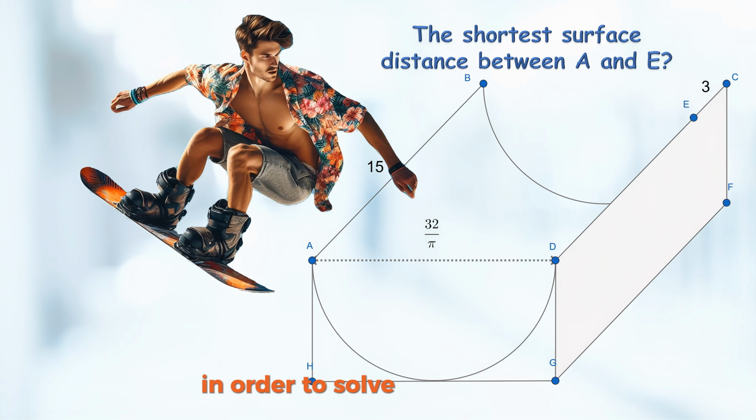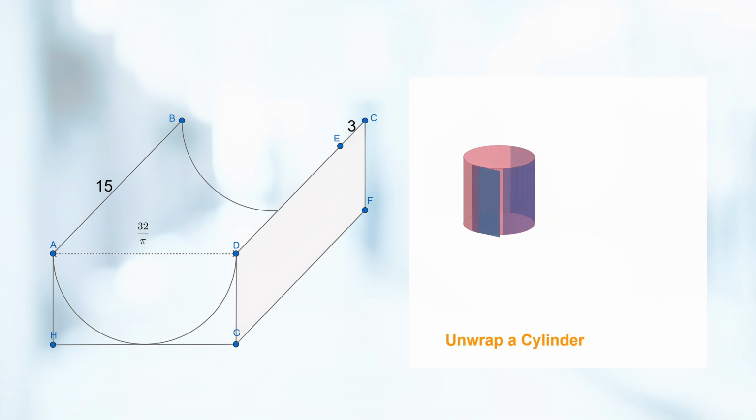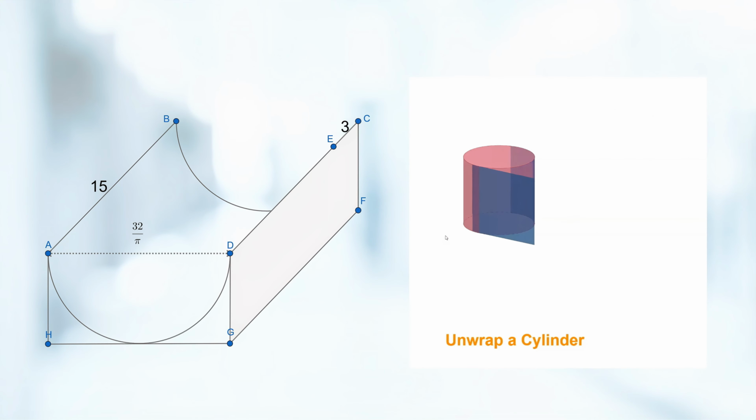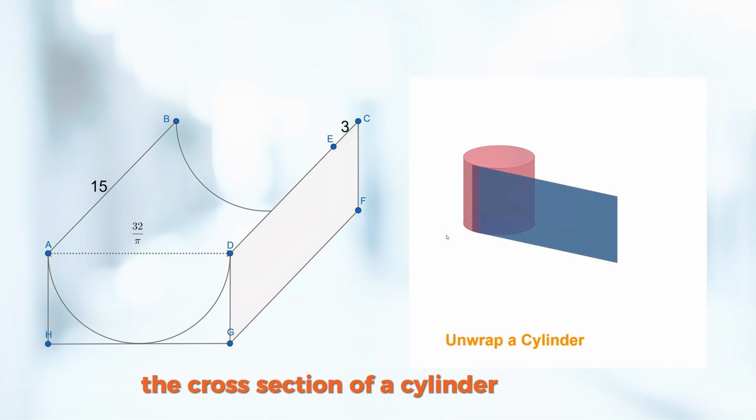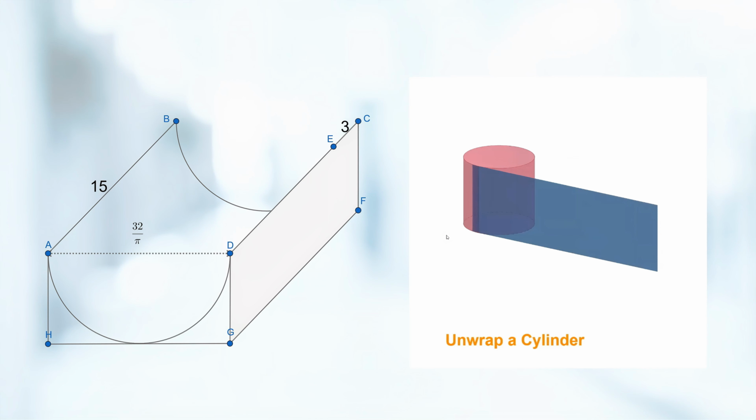In order to solve this problem, we need to review two properties of a cylinder. First, the cross-section of a cylinder is a circle.